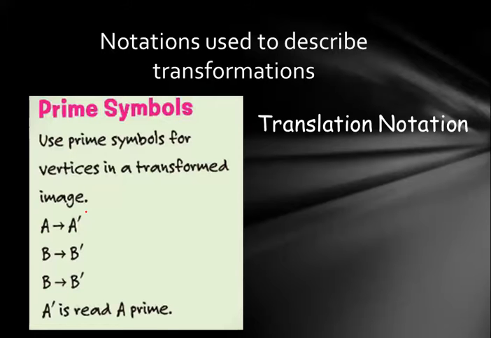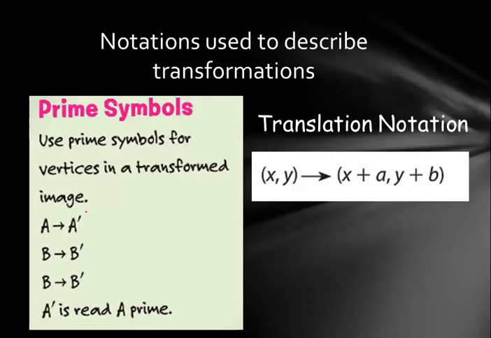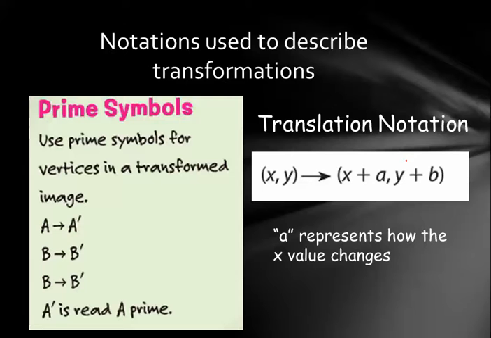The translation notation, since this is what this video is about, looks like this. We have the preimage, which is represented by the ordered pair (x, y), and then the translation is (x + a, y + b), where the a represents how the x value changed. So x values go left and right.